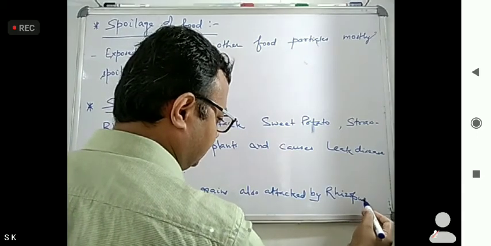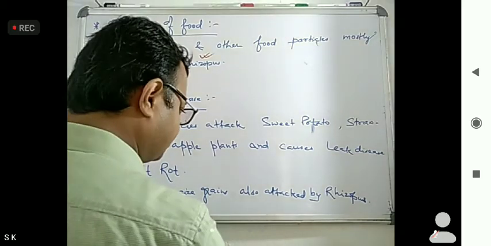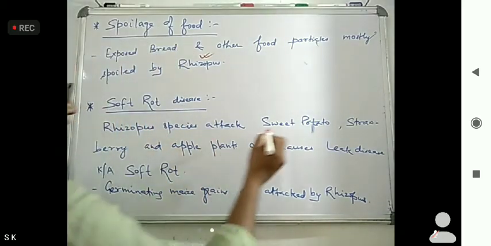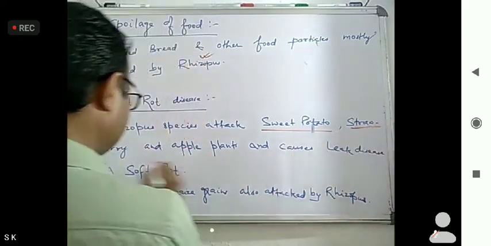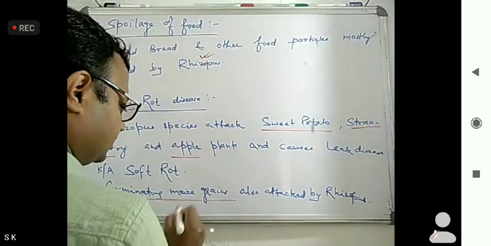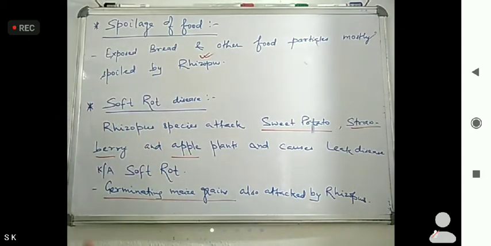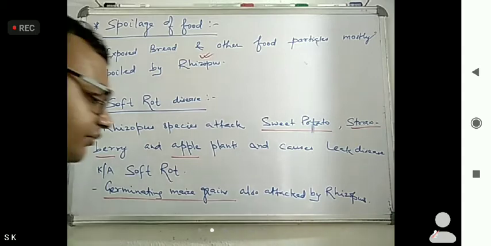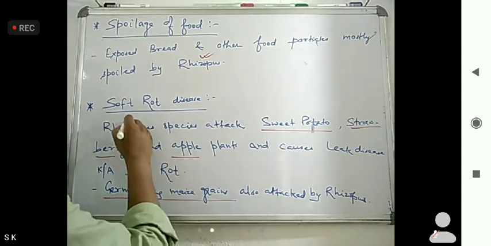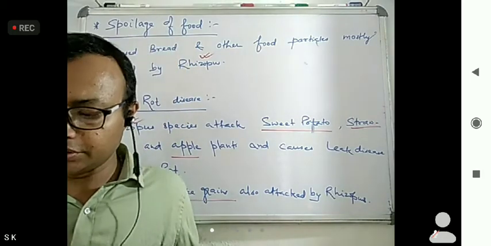That are also attacked by which one? Rhizopus. So these terms you have to remember, that sweet potato, strawberry, and apple, along with germinating maize grains, are being attacked by which one? Rhizopus species. So that causes soft rot disease.